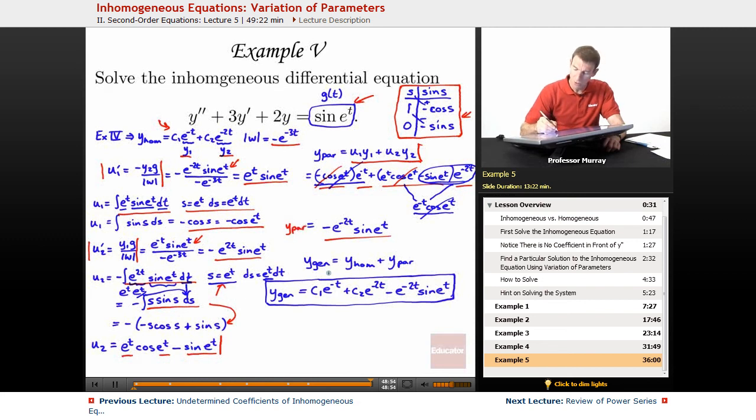And then to find the general solution, remember you add the particular solution back to your homogeneous solution. So there's our homogeneous solution again, and there's our particular solution being added onto it. So that's how variation of parameters works, and that's the end of this lecture in the differential equation series.